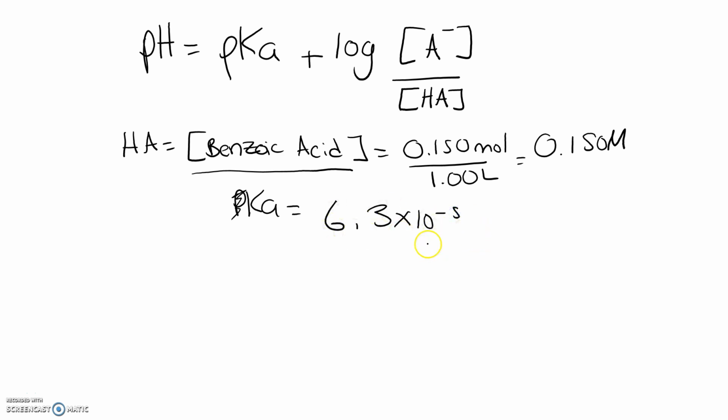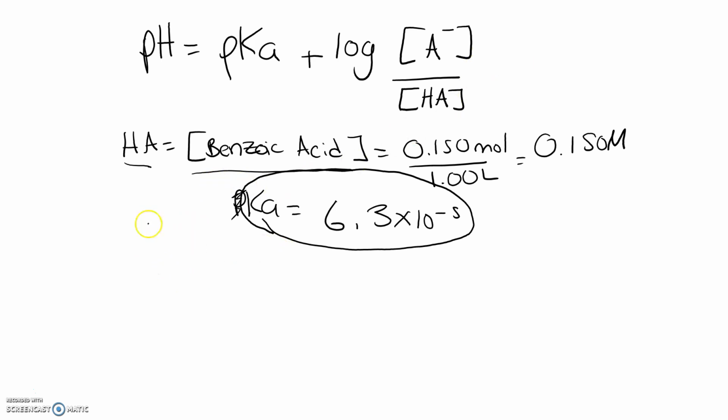So that is very, very small, right? That's the dissociation constant for this acid. And what that means is that when I put it into solution, most of it is going to stay in the undissociated form, the HA, and a tiny bit of it is going to dissociate to give off A-.